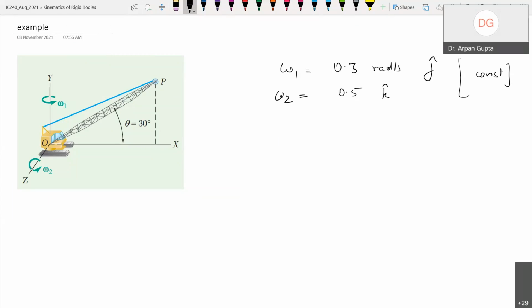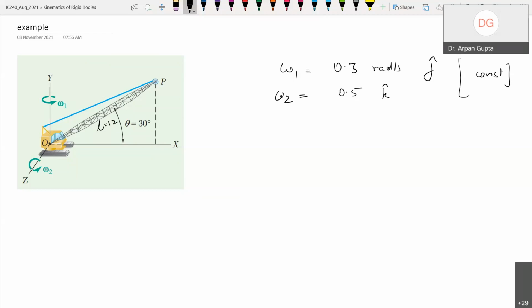The length L from O to P is given as 12 meters.